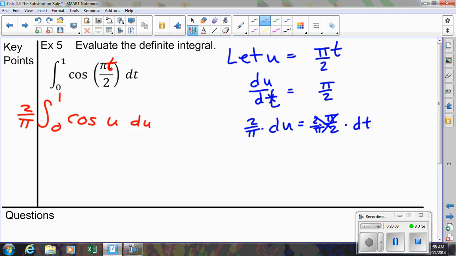Well, if t is starting at 0, does that guarantee you that u starts at 0? No. If t starts at 1, does that guarantee you that u goes up to 1? No. When we are putting in these bounds for 0 and 1, we have to actually change the bounds into the u variable also.